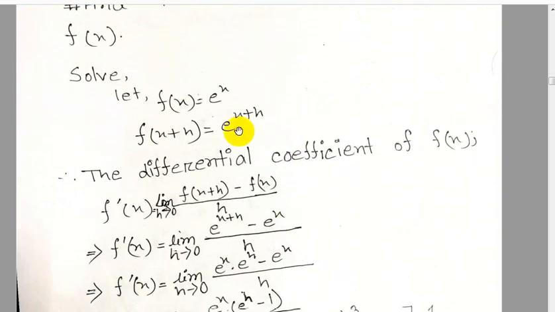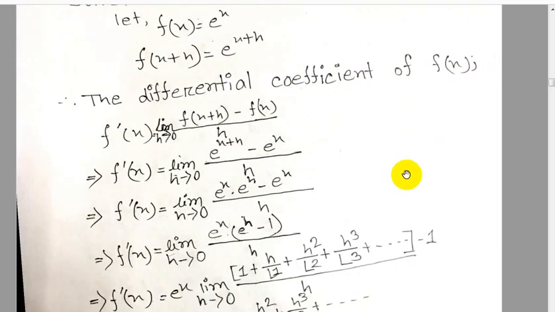What will be the differential coefficient of e to the power x? We can determine it with f of x equals e to the power x. Therefore f of x plus h equals e to the power x plus h. This is our formula for finding the first derivative, and we replaced f of x plus h and f of x by e to the power x plus h minus e to the power x.